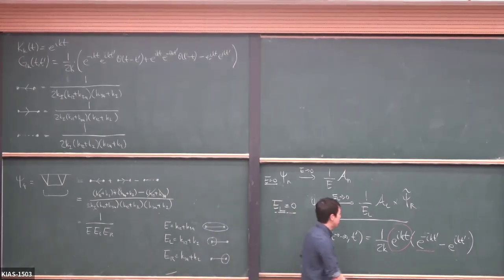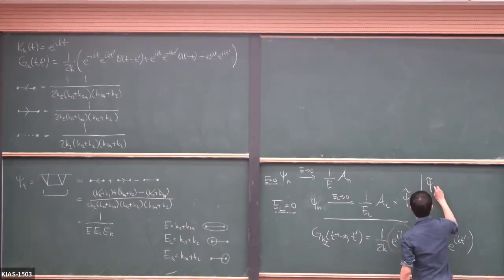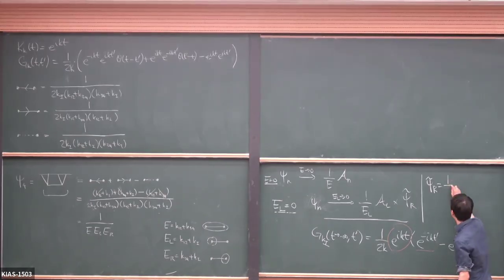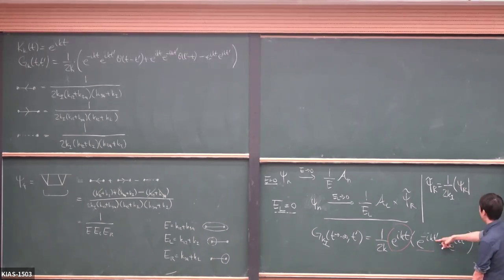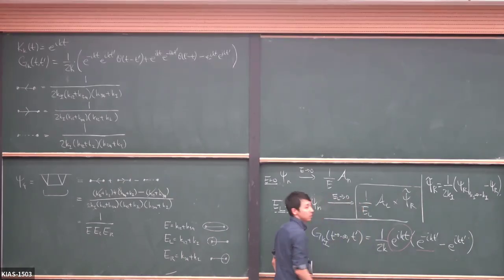So what I'm defining as psi tilde here will be given by 1 over twice internal k, multiplied by the wave function you would get by flipping the sign of the internal energy minus the wave function. This behavior follows from the behavior of the Green function. And this is the final factorization behavior you get.